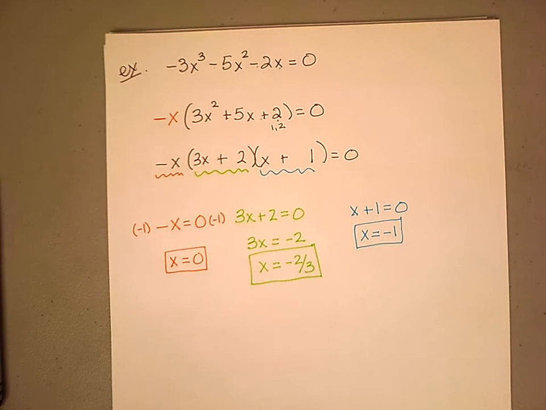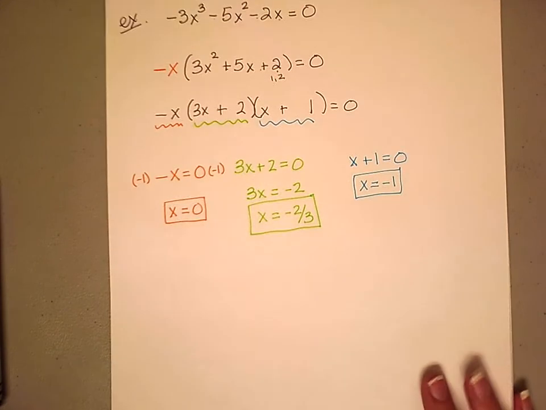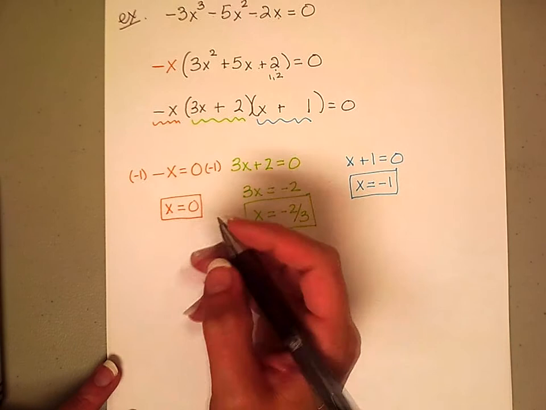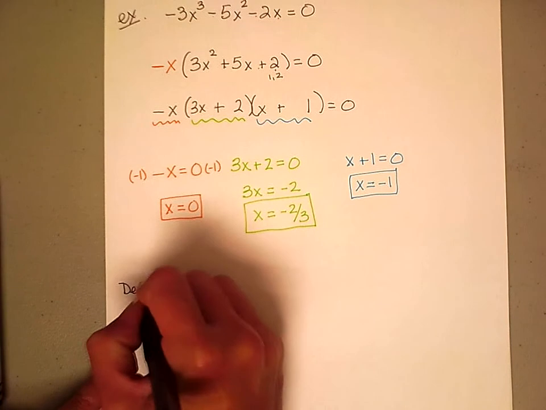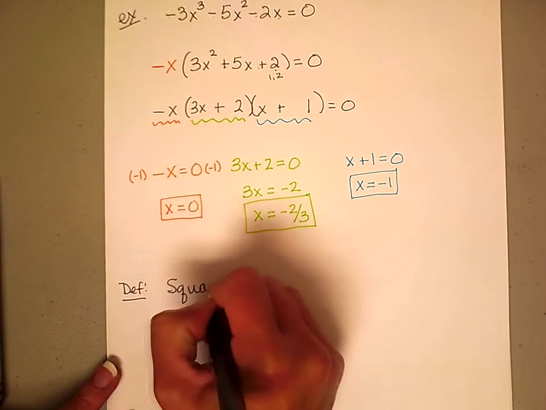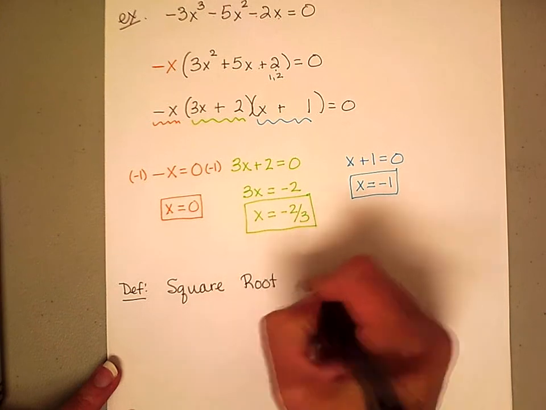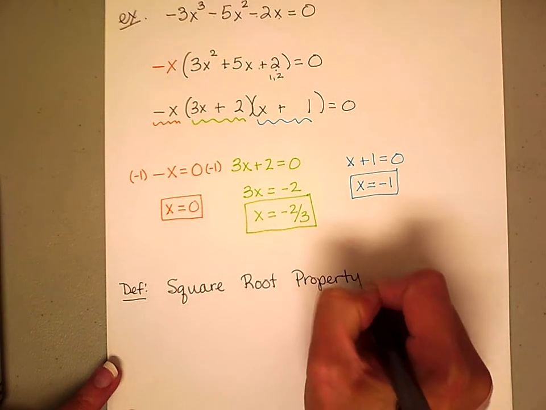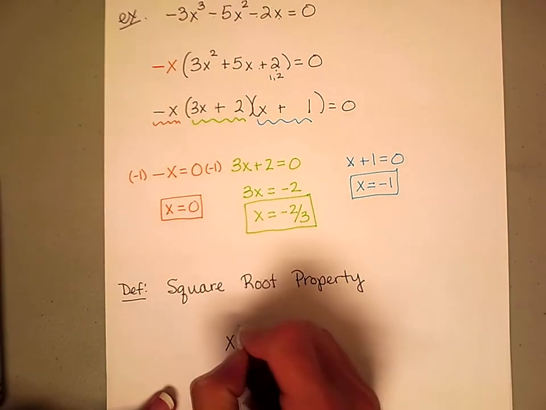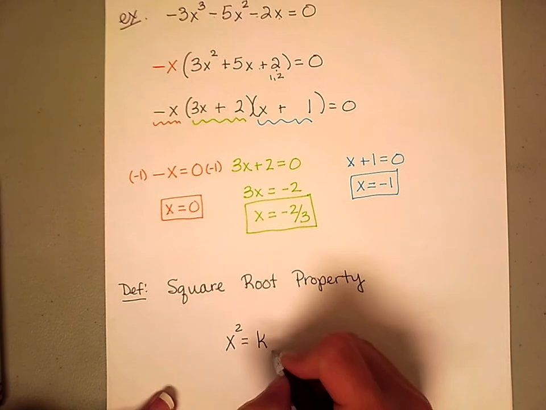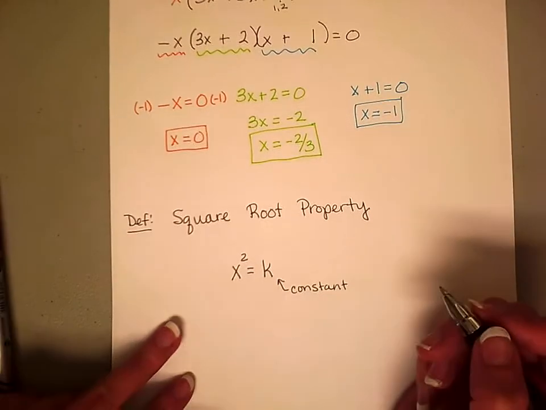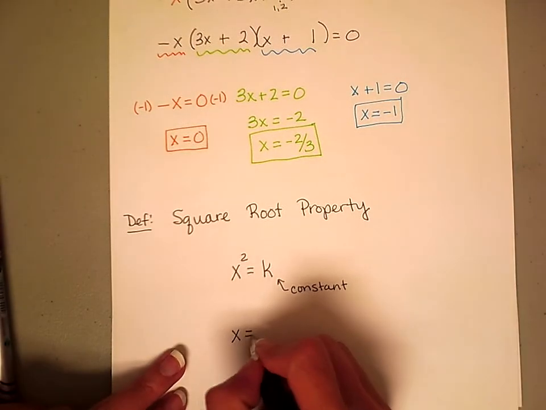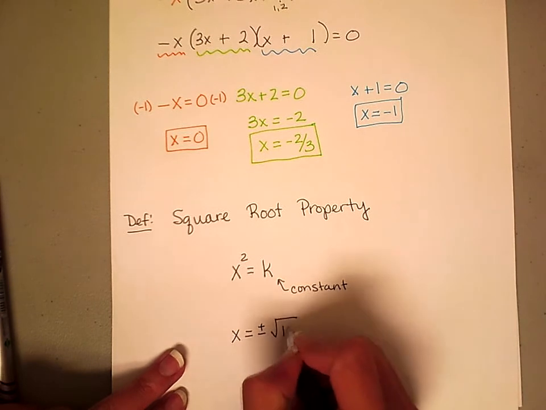We also have some other ways to solve things. Like, for example, we have the square root property. The square root property says if we have x squared is equal to k, which is a constant, then our solutions will be x is equal to plus or minus the square root of k.